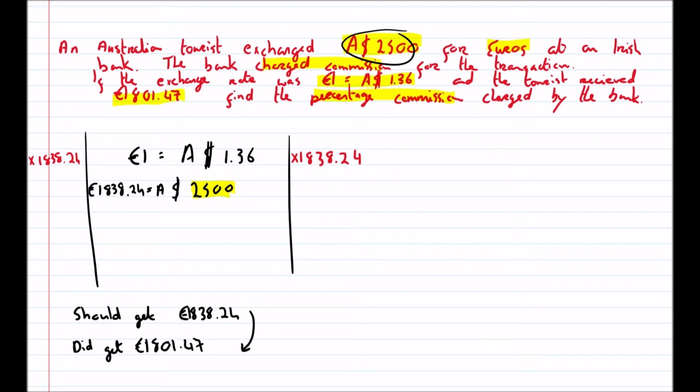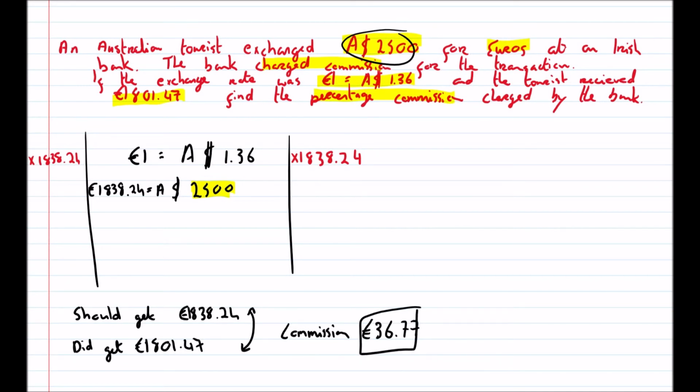So the difference between these two must be the commission. So we minus one from the other. So 1838.24 minus 1801.47, and that will give me €36.77. So there's the commission.